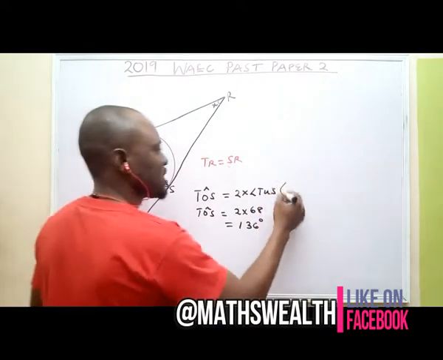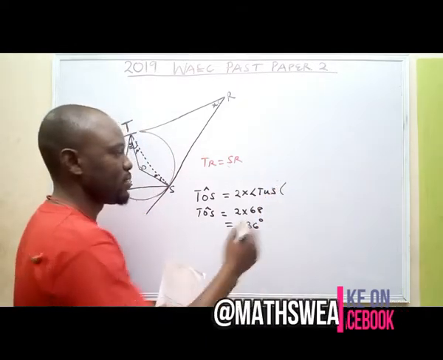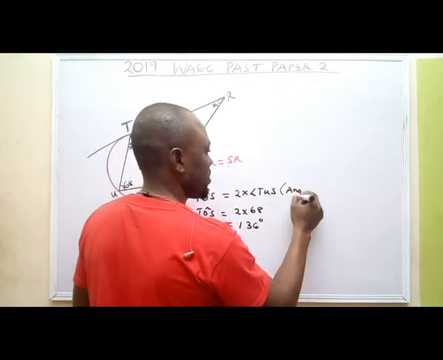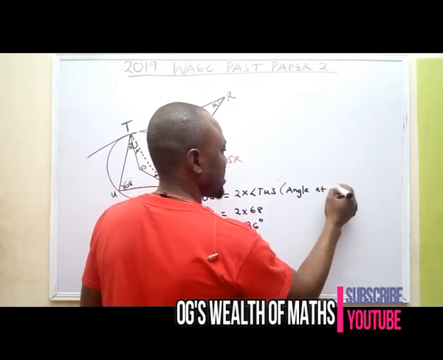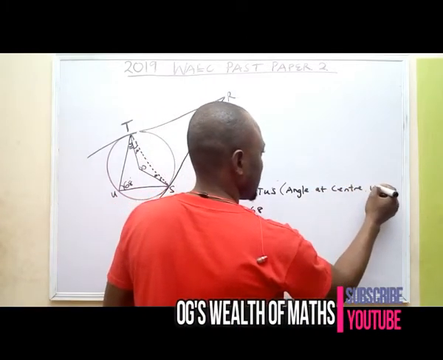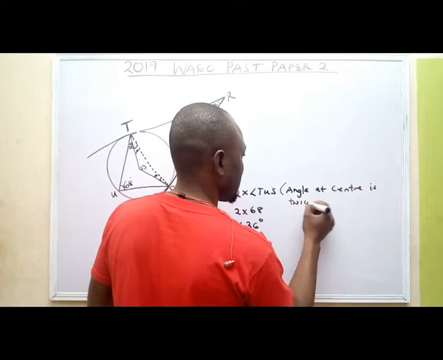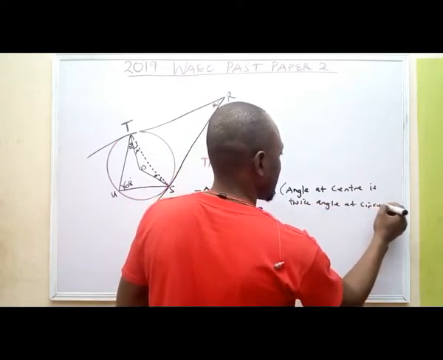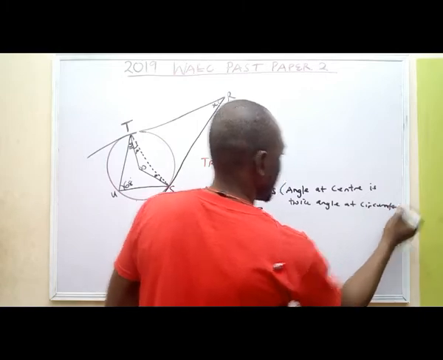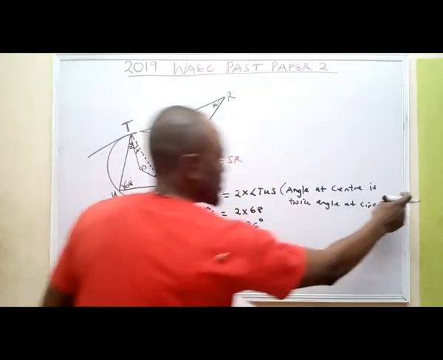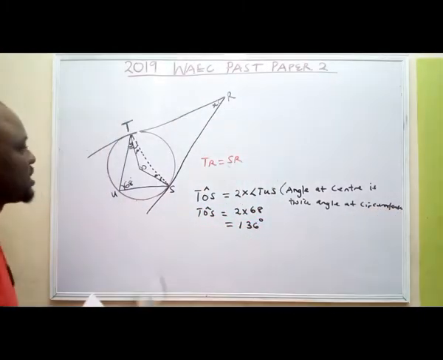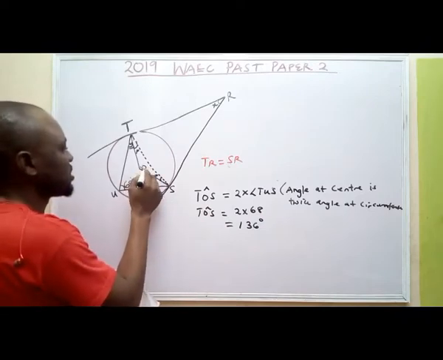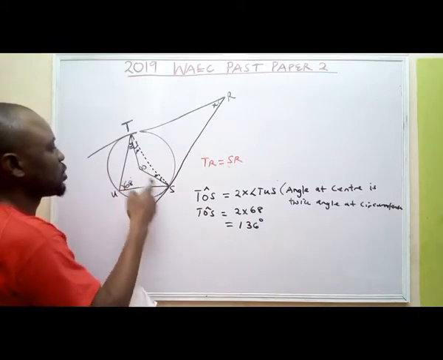Now I'm going to write the geometric reason for my answer: angle at center is twice angle at circumference. Now we've gotten that TOS is 136.